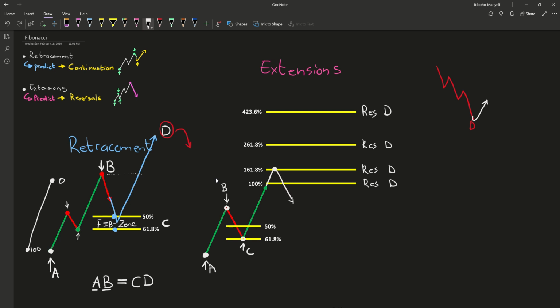Or it might continue breaking the 161 level, might have a retest, continue going up to the 261, get there, and then reverse from there. Or might also decide to break the 261, bounce here, retest, and then go to the 423, get to that level, and then finally make its reversal.